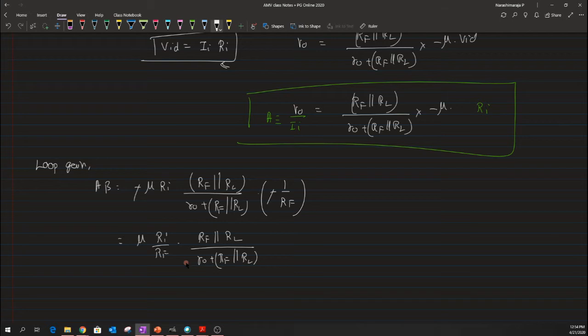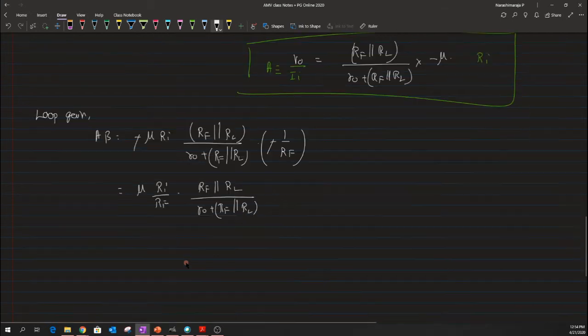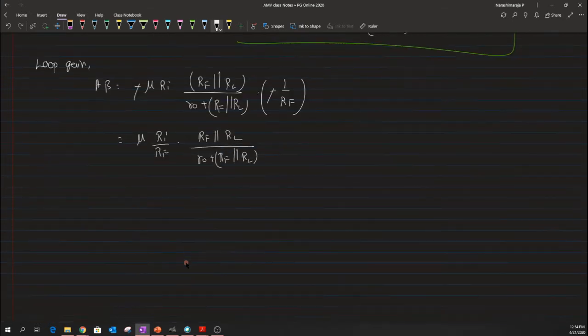Now that we got the value of A beta as well, let us try to evaluate the feedback amplifier gain, which is defined as AF, and that is V naught by IS.